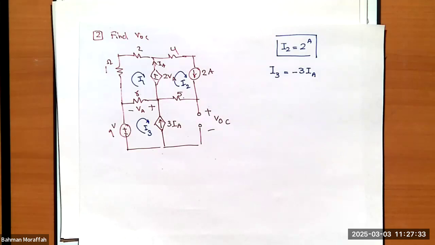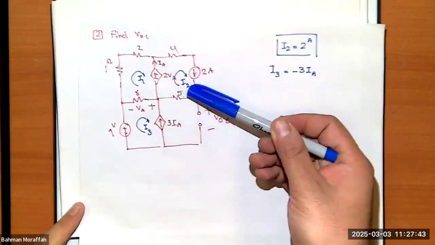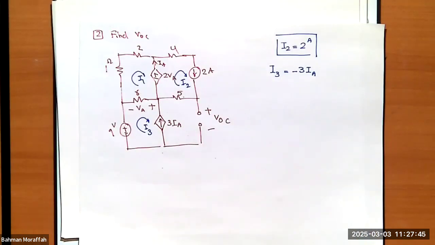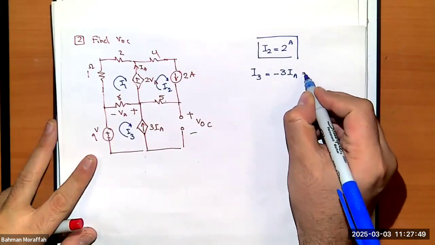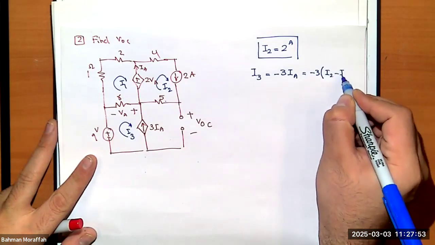So I have to write IA in terms of I1, I2, and I3. But I know exactly what IA is. IA is this current going up. Therefore, IA must be I2 minus I1. Right? So I3 equals -3 times (I2 minus I1).